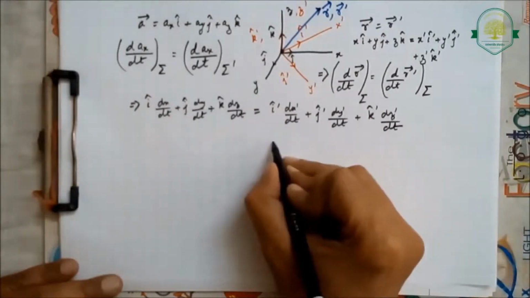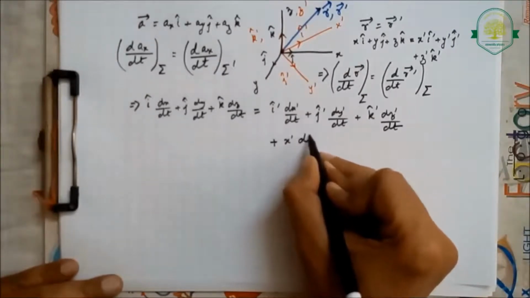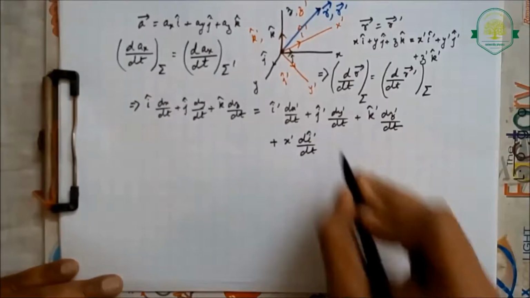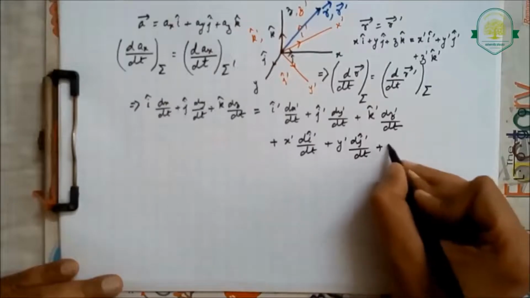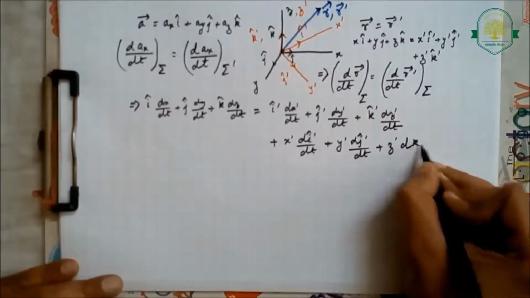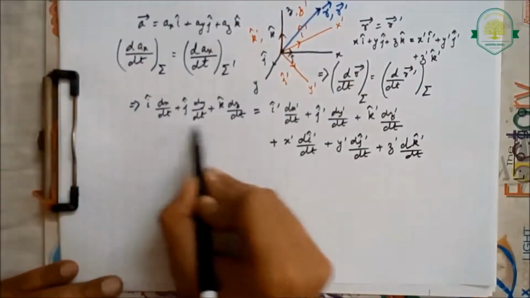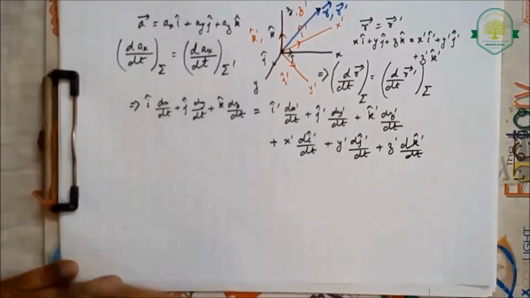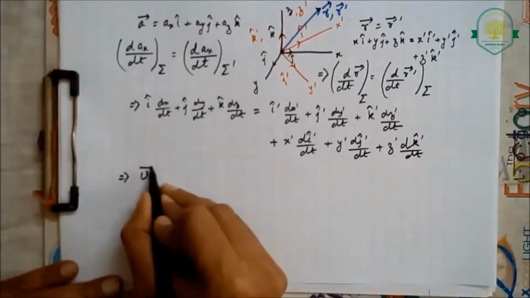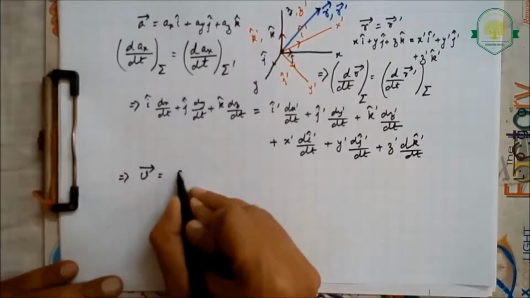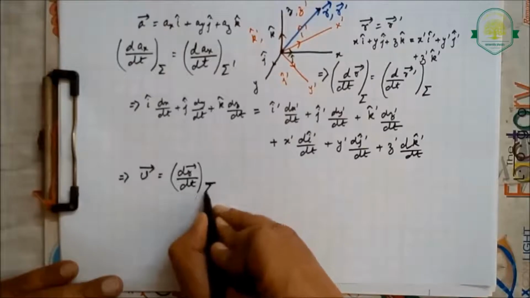So we get another term which is x primed d i cap primed over dt, this is a vector differentiation, plus y primed d j cap primed over dt, plus z primed d k cap primed over dt. If you see closely, this is just the velocity vector as seen from the unprimed frame of reference. So we can simply call this v vector, which is simply dr over dt as seen from the unprimed frame of reference.